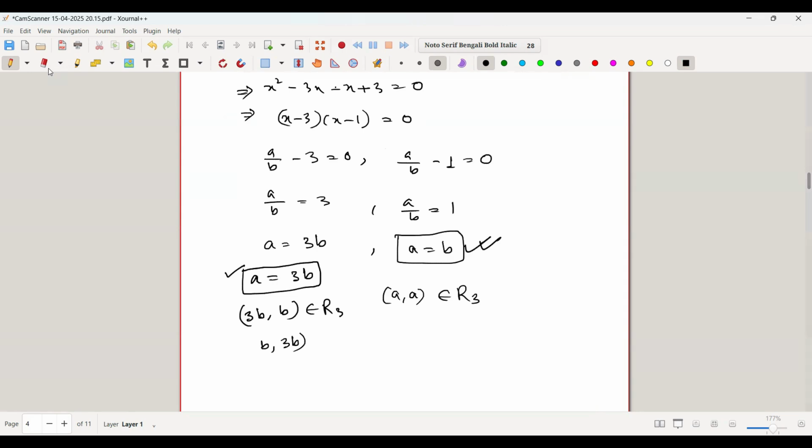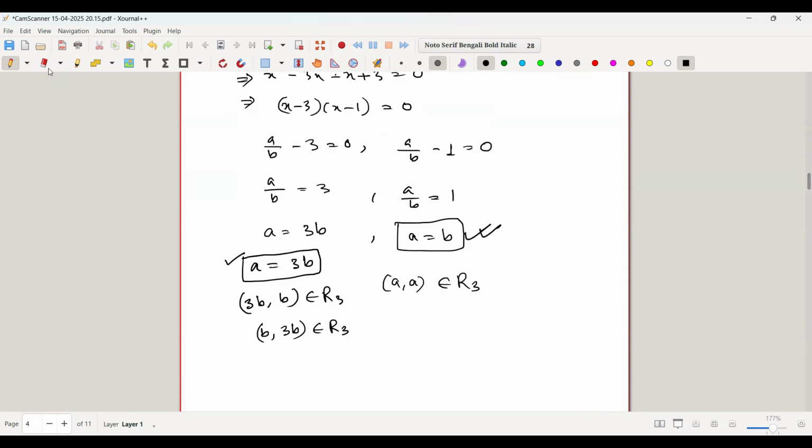First, 3B square minus 4 into 3B into B plus 3B square: 9B square plus 3B square minus 12B square, which is equal to 0.